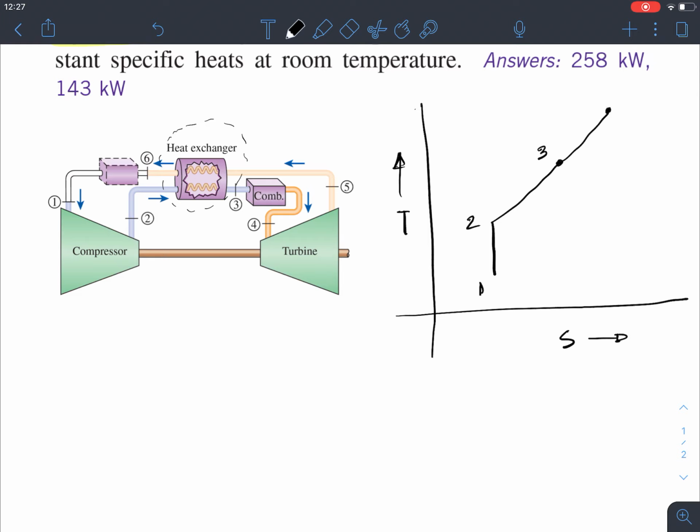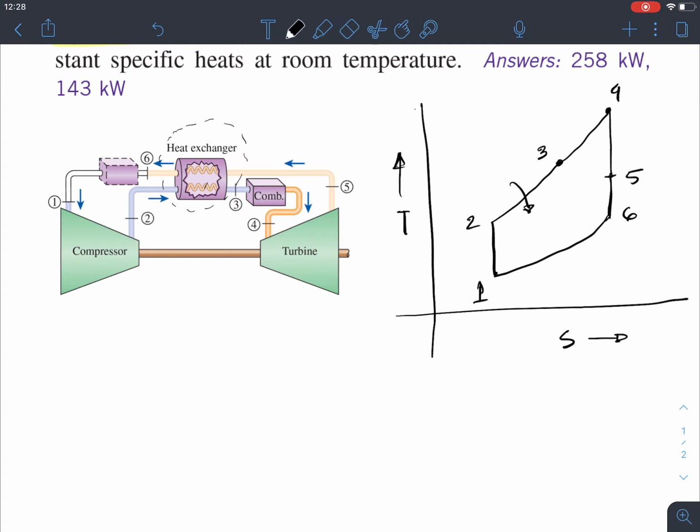So this is 4, and 4 to 5 is expansion, meaning the temperature is decreasing. Then 5 to 6 is rejecting some heat in this heat exchanger, so the temperature decreases. So this is 6, this is 5, and from 6 to 1 it comes back to the initial condition. This is our basic TS diagram.